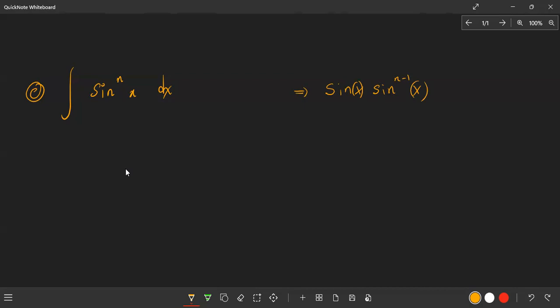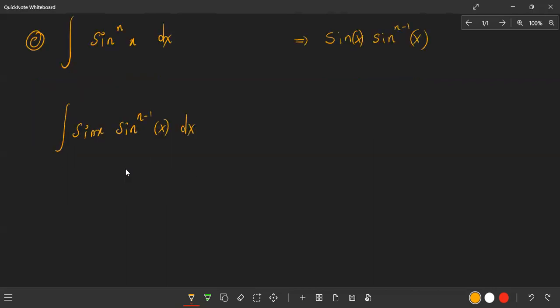So let's substitute. I have the integral of sine x times sine^(n-1) x dx. From this, we're going to make u equal to sine^(n-1) x.